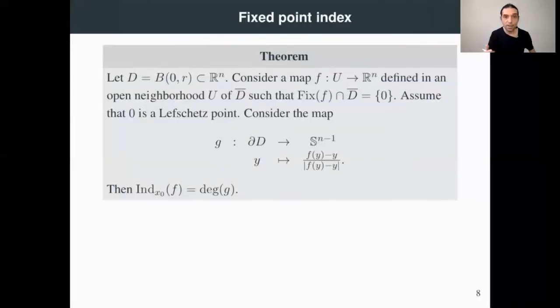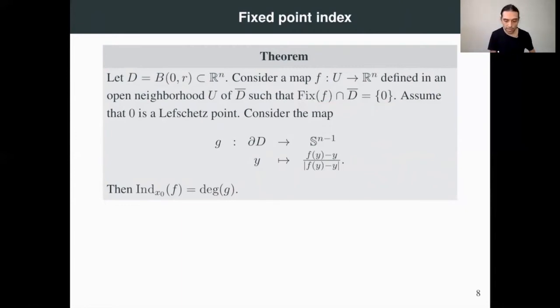Now we want to extend the definition of fixed point index to isolated fixed points, as we did for vector fields. We are following the same program here. So consider an open ball D, which we can consider to be the ball of center 0 and radius r, and a map F from U to R^n defined in an open neighborhood U of the closed ball, such that the unique fixed point of F in the closed ball is just the origin.